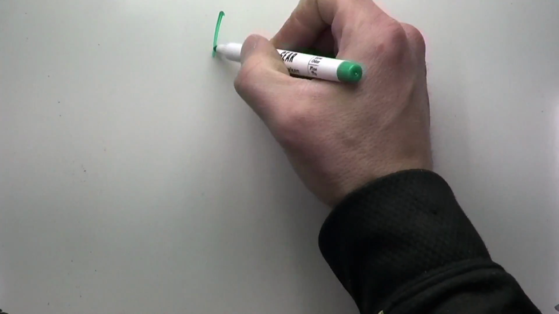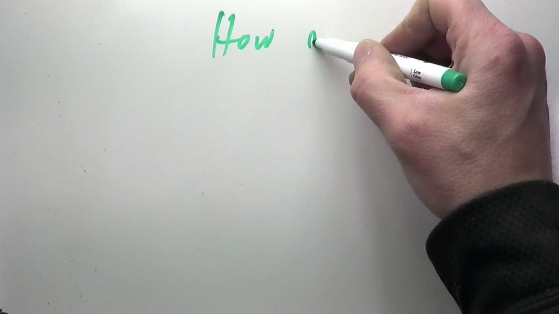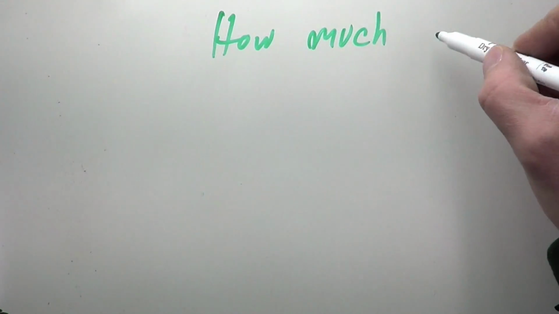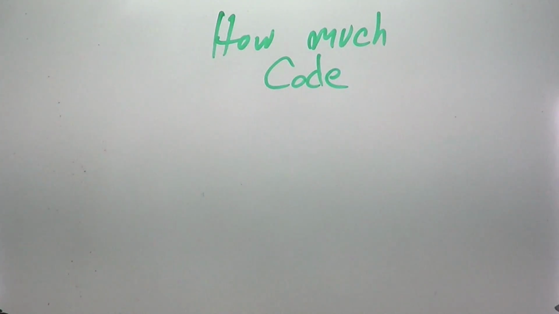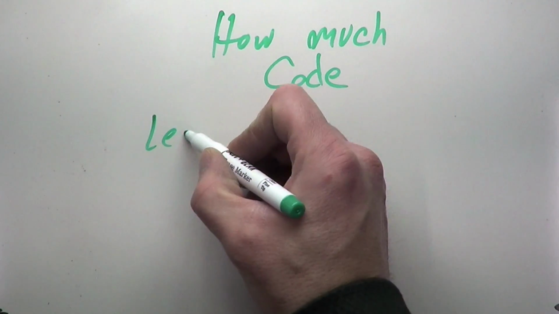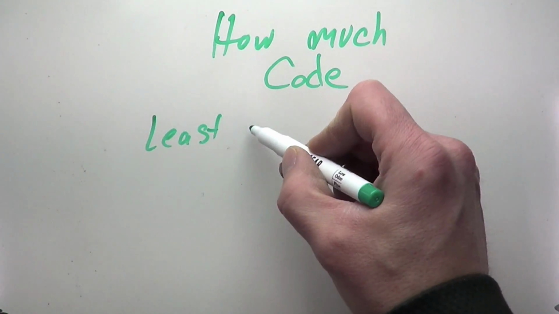The next thing to talk about is probably how much code do you write to make the test go green. This is probably the hardest part for newcomers to test-driven development, as the idea is to write the least amount of code to make the test go green.